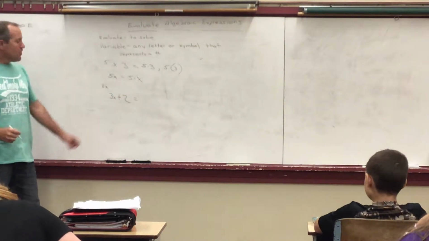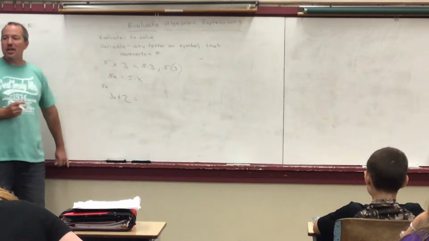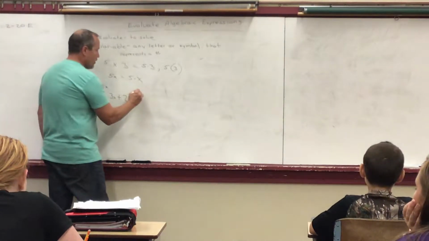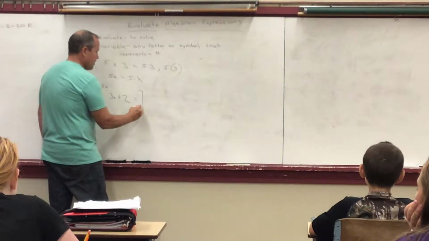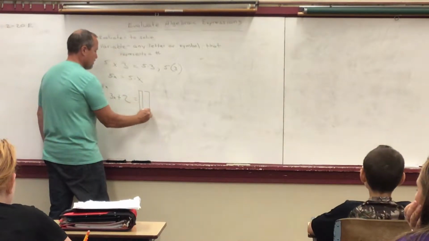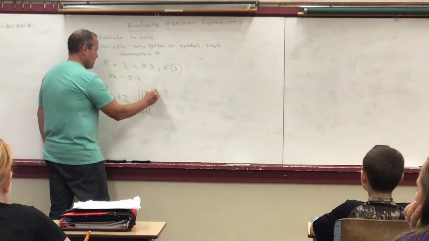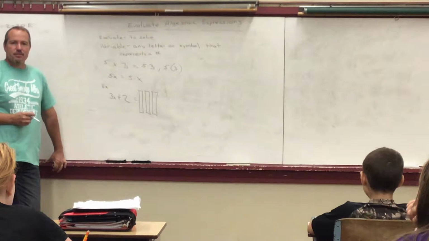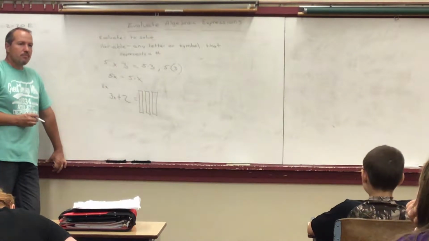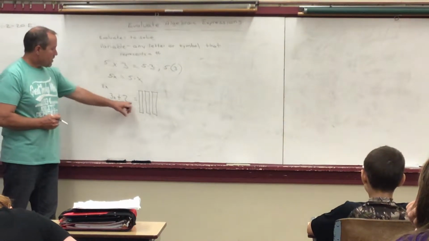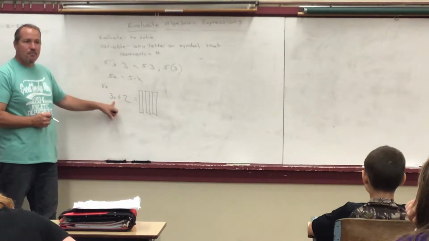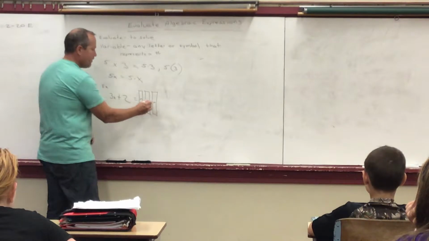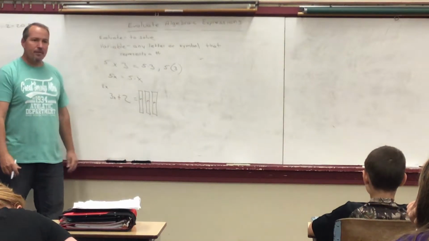you're taking 3 times something. Now, we don't know what that something is. And so what we're going to do, we're going to represent it like that. Because if the x represents 5, that means that there would be 5 here, and 5 there. 3 5s would be 15.